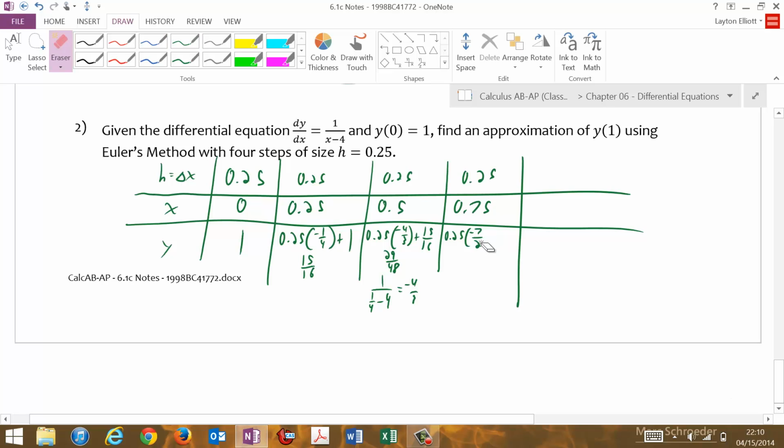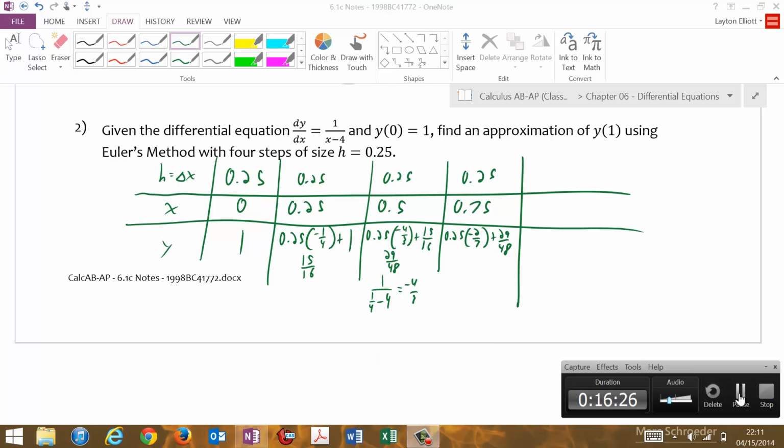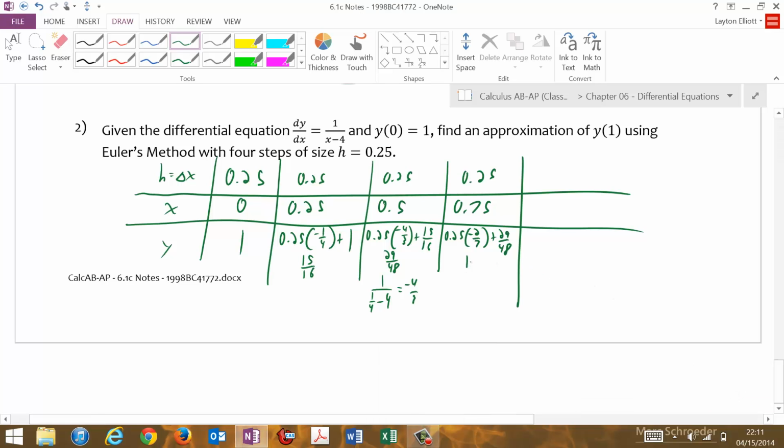But that's 1 over, so that's inverted, so negative 2/7 plus 29/48. And you bet now I'm using a calculator on this one. And that gives us 179/336.